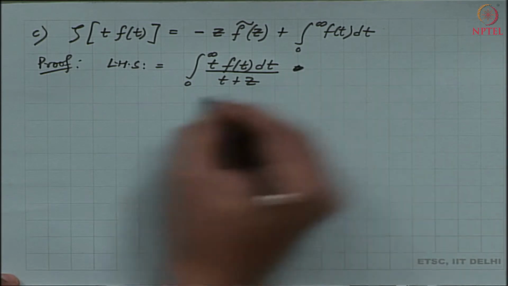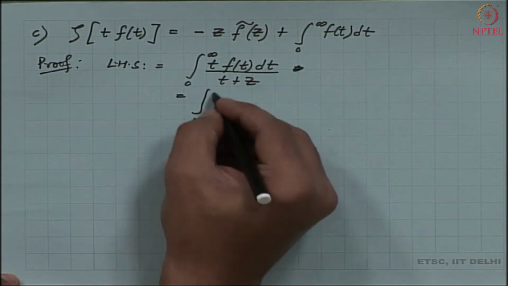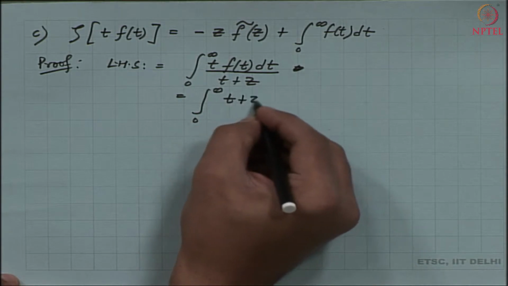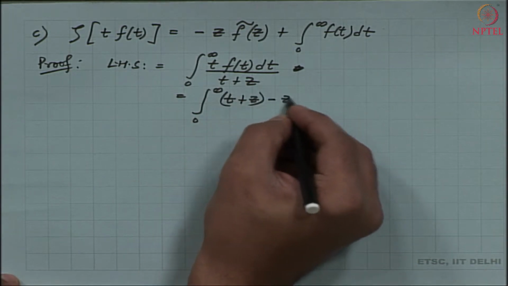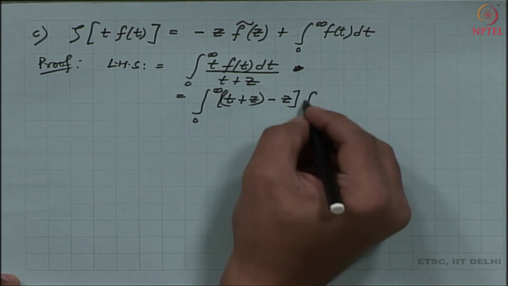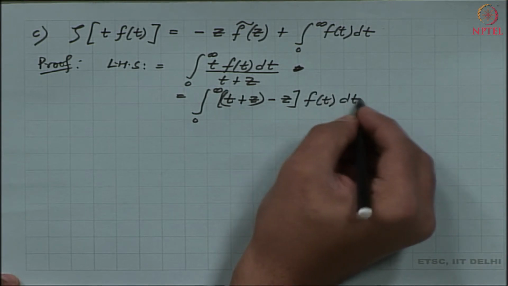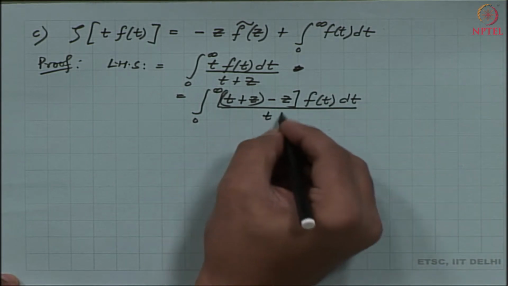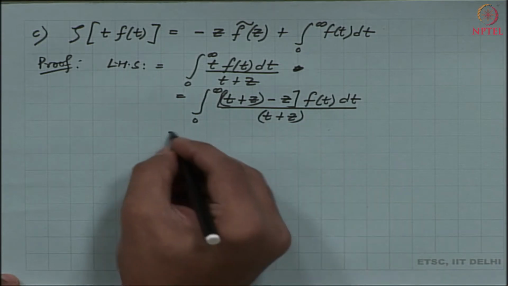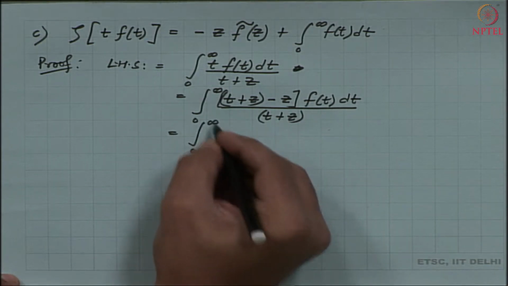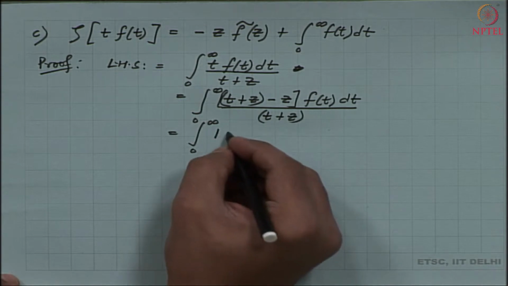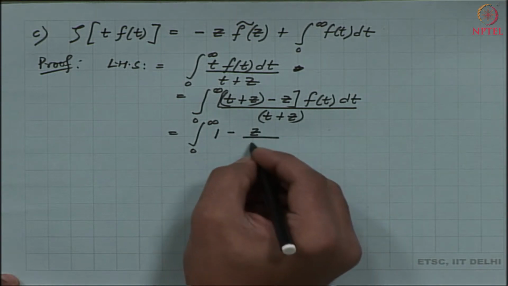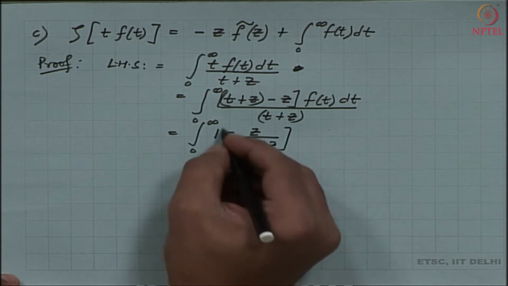Note that this integral is the integral from 0 to infinity of (t + z - z) f(t) dt divided by (t + z), which is also equal to the integral from 0 to infinity of (1 - z divided by (t + z)) times f(t) dt.